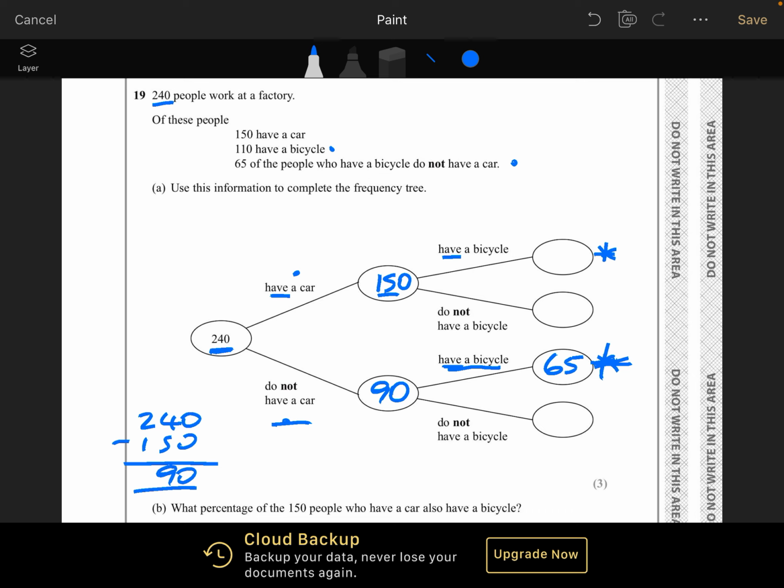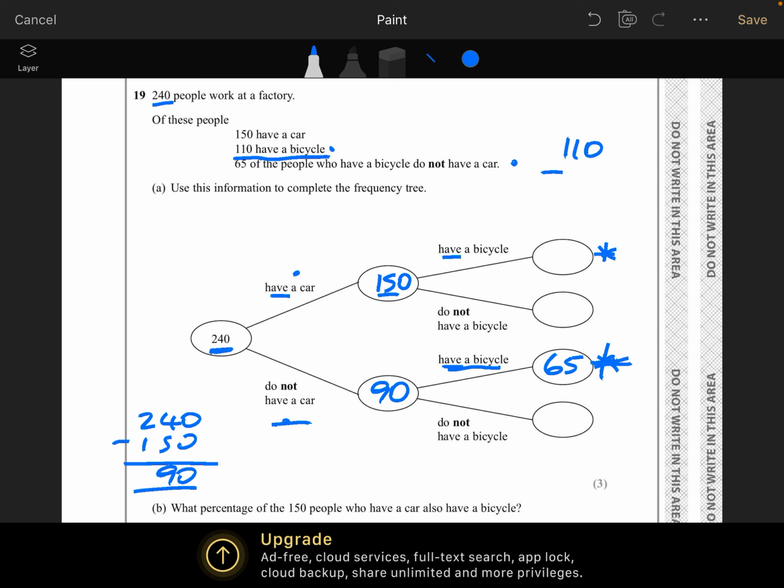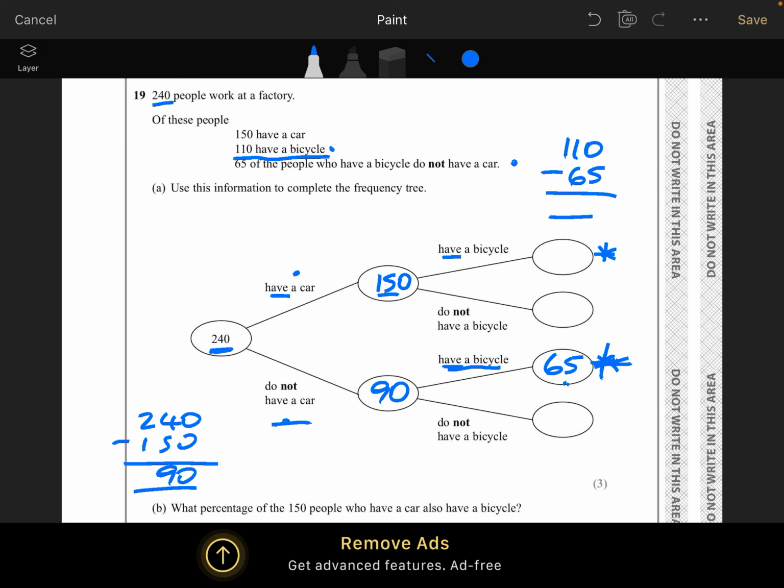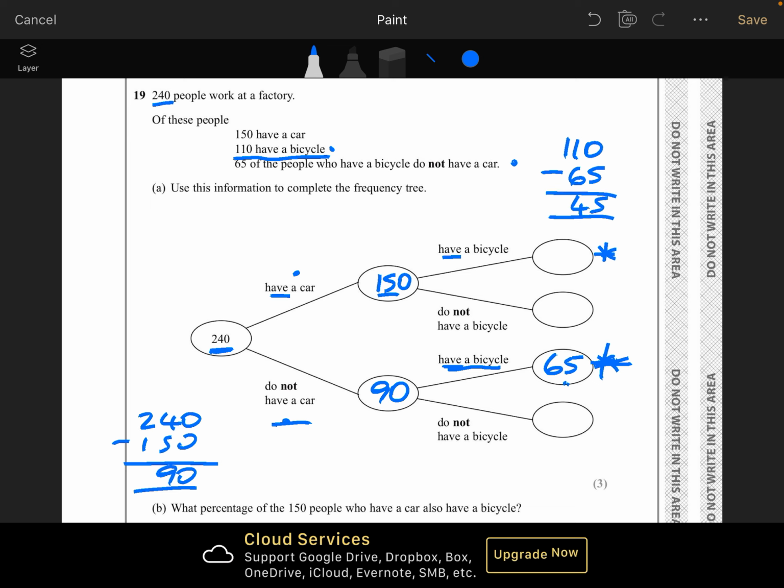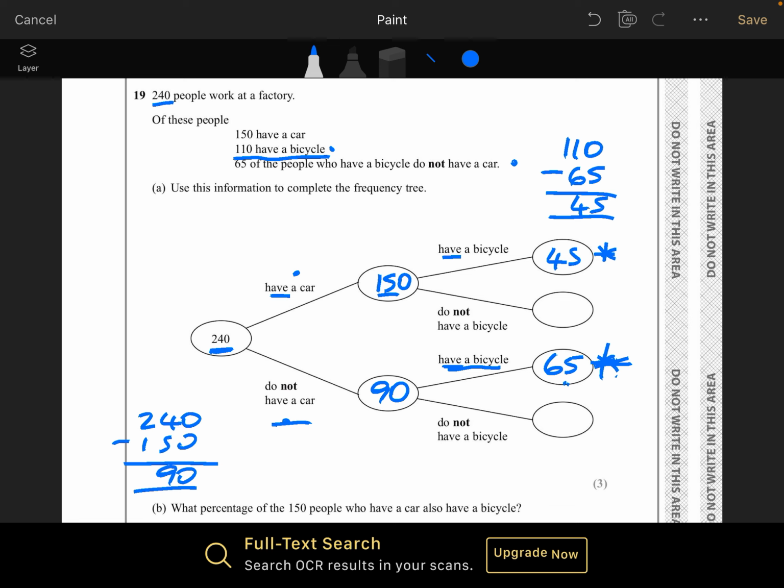That's right, isn't it? And it says altogether that 110 people have a bicycle. Well, 110 people, take away the 65 who also do not have a car, that's this one, will leave me with 45 people in this bit here, because these two asterisk ones must add up to 110.